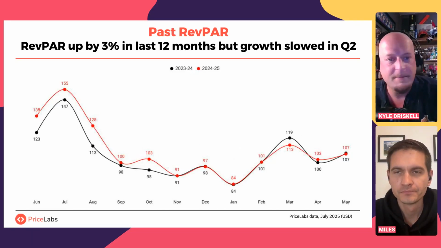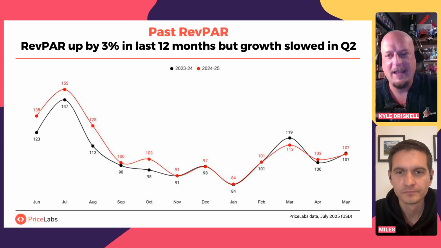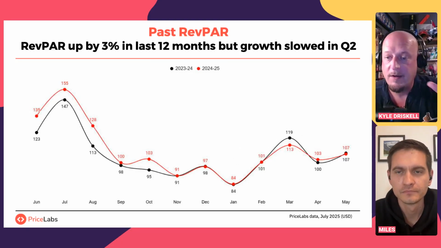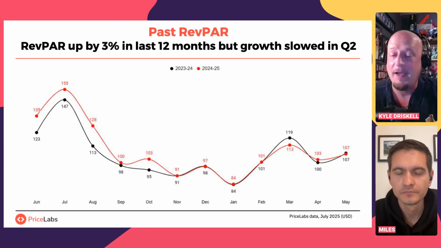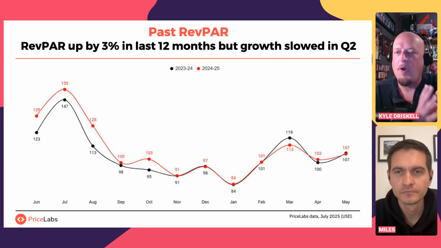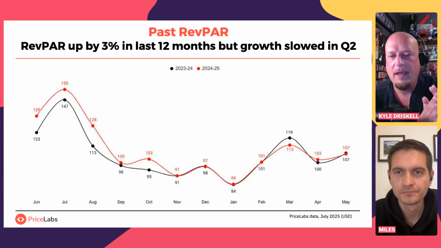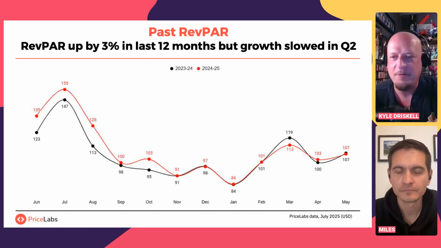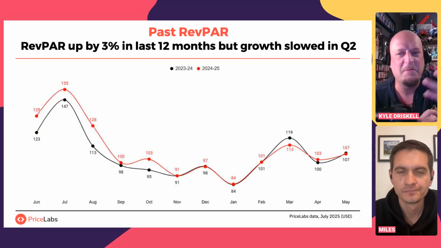So what we can see here, further out, June, July of 2023, 24, heading into this year, RevPAR was growing pretty consistently. And as we've gotten closer to 2025, RevPAR has started to become a little bit more flat, or even in March, we can see it's behind. Again, this is a broad view of everything. If you are a host that is really doing what you need to do, making sure your property is listed correctly, pulling levers and getting people in there, this stuff can be completely different for you.